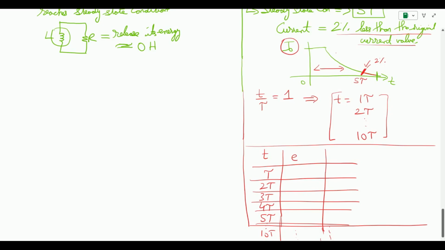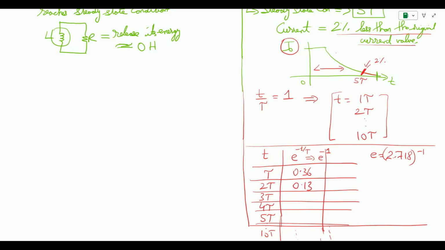the exponential was e raised to minus T by tau, which becomes e raised to power minus 1 if you replace T by tau with 1. The value of e is 2.718, so if you take the negative of 1, you get a value of 0.36. Then you take the exponential of minus 2, and the value comes out to be 0.13.